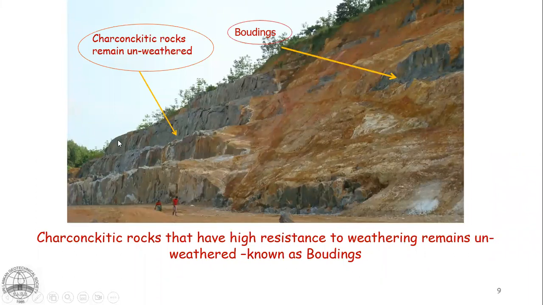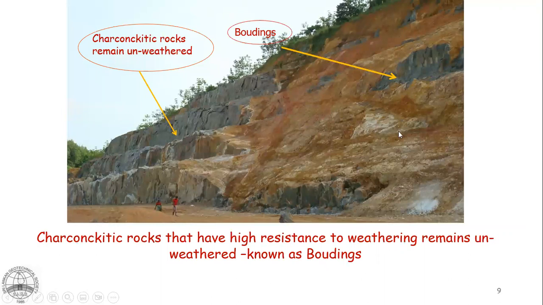A typical situation is well illustrated by this photograph taken from the cuttings of the Southern Expressway. Here in this road cutting, the natural slope was cut to make the way for the expressway. In this area, rock is exposed. It is unweathered charnockitic rock.